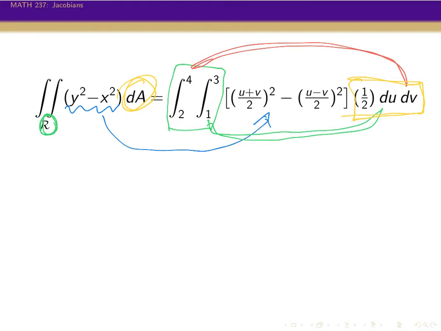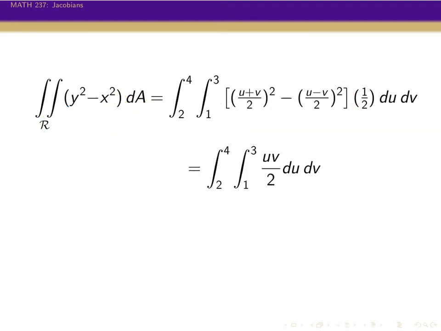Okay. And so I wrote this, we're integrating in terms of u first instead of v. Obviously we could swap those. If we swap the two integrals, we could turn it into dv du, and we'd have exactly the same thing. And then on the inside, we can do a little bit of work on this. This actually simplifies nicely.